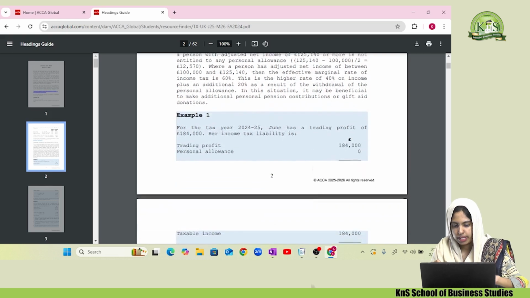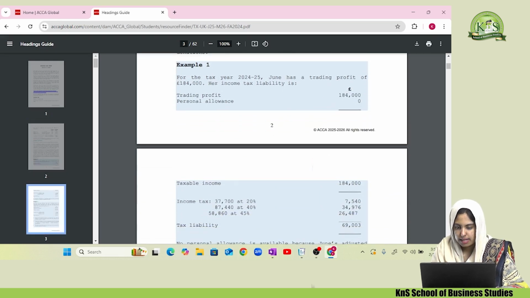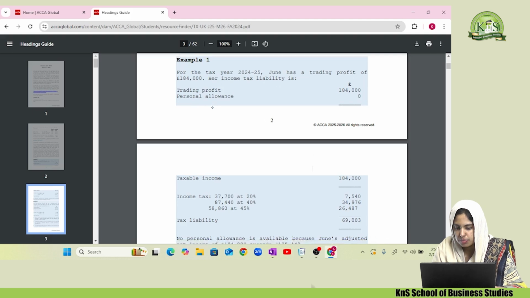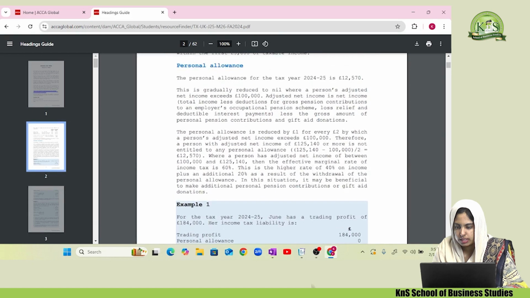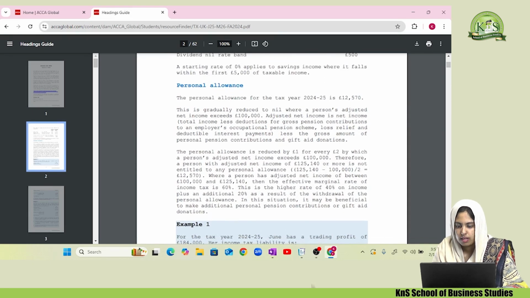Right now, if we look at this example for the tax year 24-25, June has a trading profit. Trading profit means this is actually her income of 184,000. Now, can you see the personal allowance is zero over here? Why is it zero? Why is it not 12,570? The answer is mentioned in this explanation. It is gradually reduced to nil where a person's adjusted net income exceeds 1 lakh.